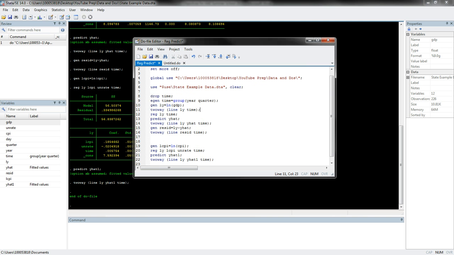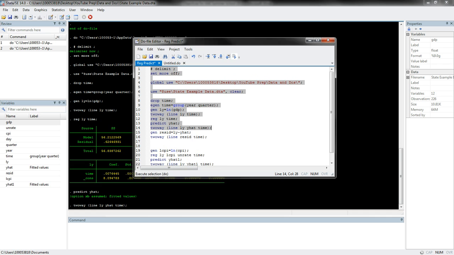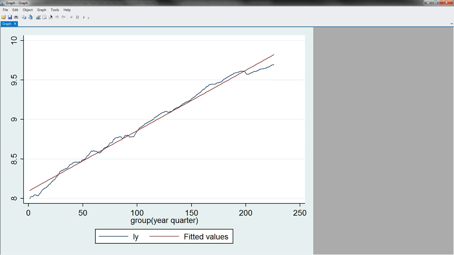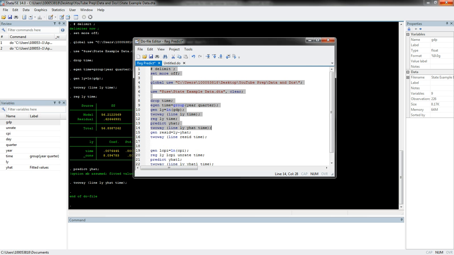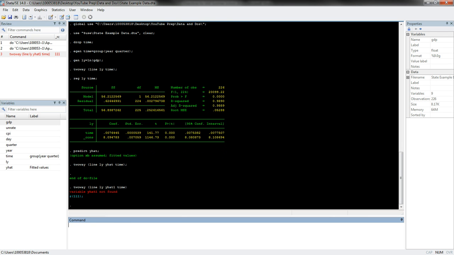And just to show you the difference very quickly, let me go back to my one with just the time trend. From my regression with just the time trend, we just have a straight line, but it isn't explaining any of the variation up and down. It's just explaining the general trend upward over time. So with the new variable, oh, we have to run that whole thing again.